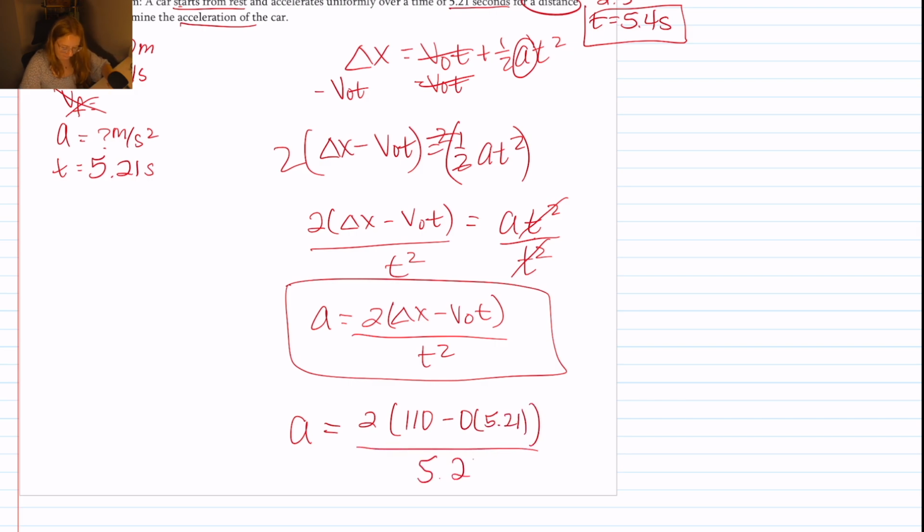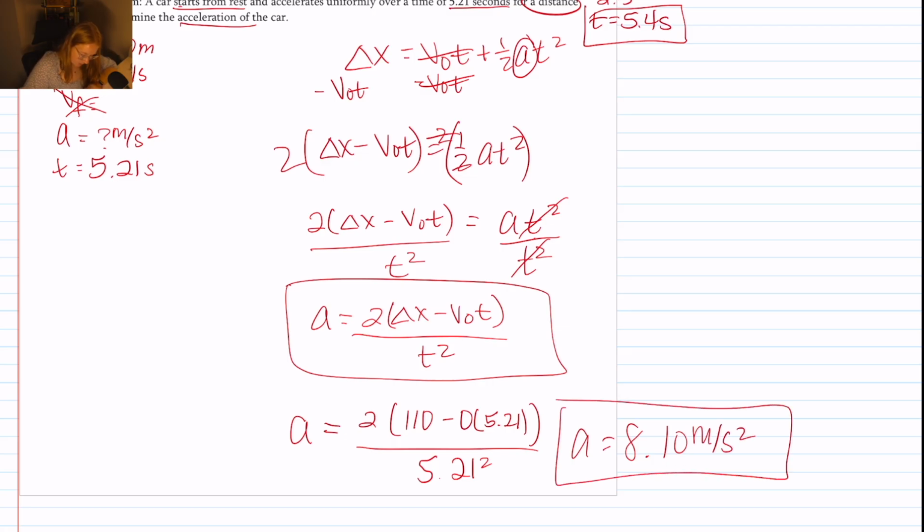Okay, so let's type that in. 2 times 110. And it looks like our acceleration is 8.1 meters per second squared. Okay, let's see if that makes sense. So let's look at our velocity.